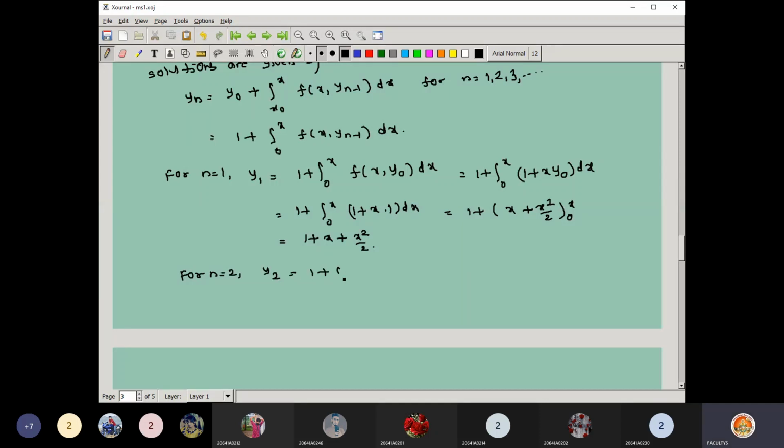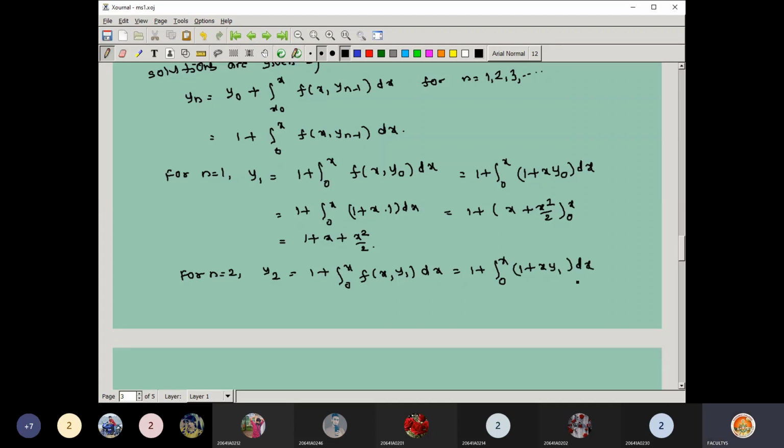Only in the last expression, integral 0 to x, f of x comma y1 dx. So 1 plus integral 0 to x, looking at f of x comma y. f of x comma y is nothing but 1 plus x into y, and y is nothing but y1 now.